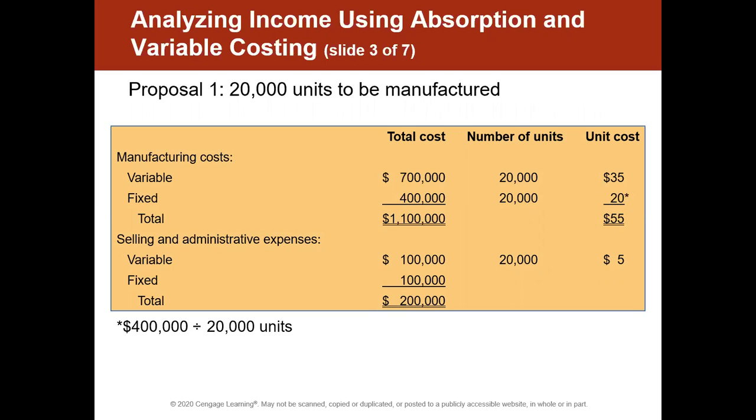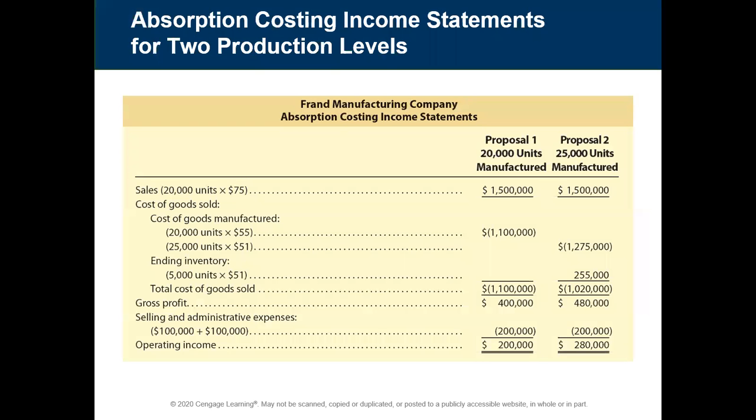So under absorption costing, because we're rolling this fixed cost into the product cost or the cost of goods manufactured, our cost of goods sold actually appears to be less, even though our actual costs were more. Does that make sense? Because we had to still pay that fixed cost.